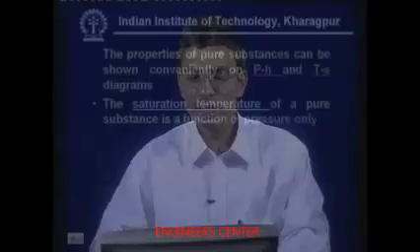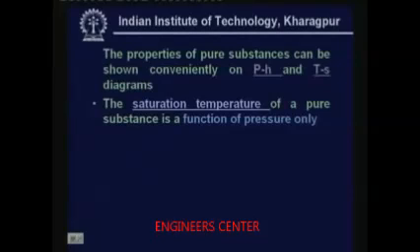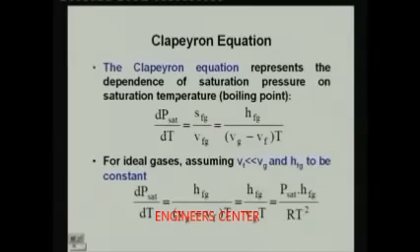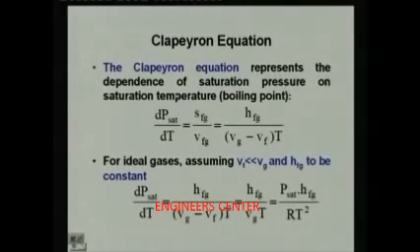Similarly, you can also have saturation temperature for solid liquid or solid gas regions. And the relationship between saturation temperature and pressure is given by an important relation known as the Clapeyron relation. The Clapeyron equation represents the dependence of saturation pressure on saturation temperature, and that equation is given here.